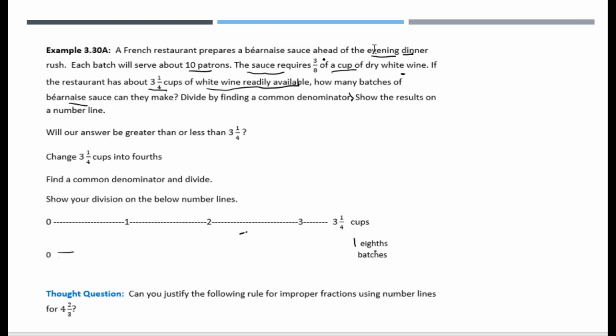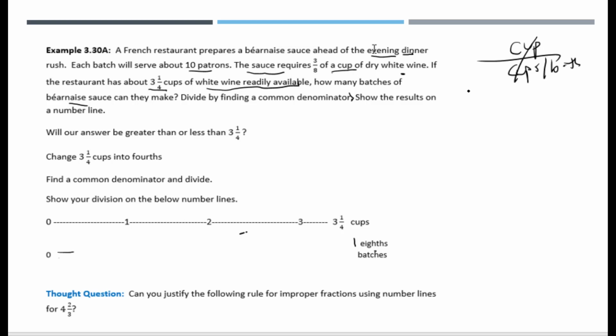So if I wanted to look at the units for this, this is 3/8 of a cup per batch, and this is 3 1/4 cups. So when I take cups and divide it by cups per batch, the cups are going to cancel. I'm going to get batches.